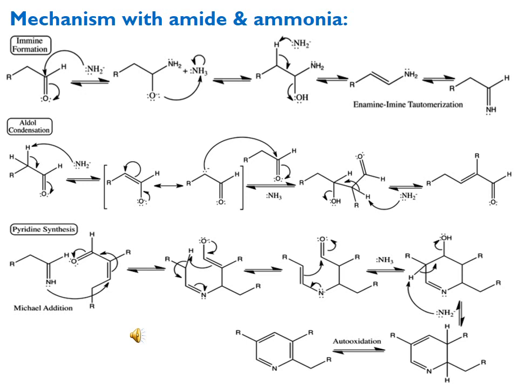Second step is the aldol condensation. In aldol condensation, one aldehyde molecule is interacting with the amide functionality, which is acting as a base. It is activated by the removal of the proton, and this activated species interacts with the other electrophile, sorry.